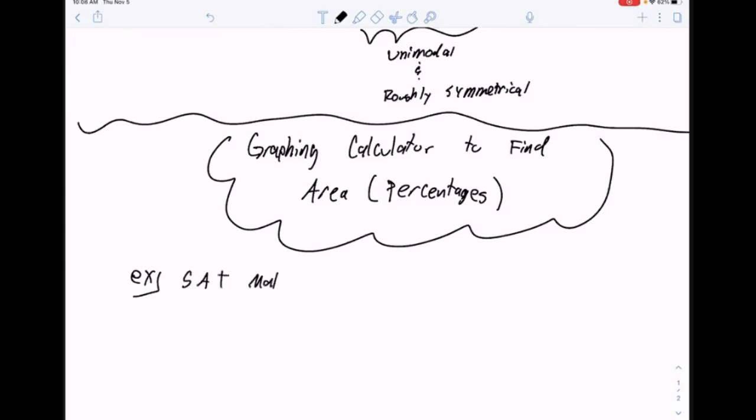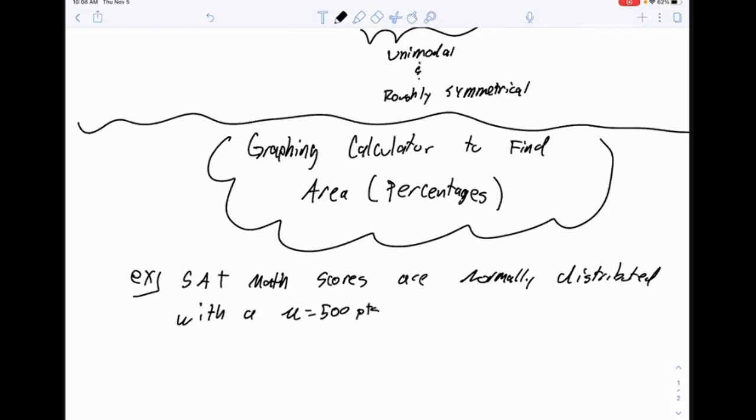SAT math scores are normally distributed with a mean of 500 points and a standard deviation of 100 points.